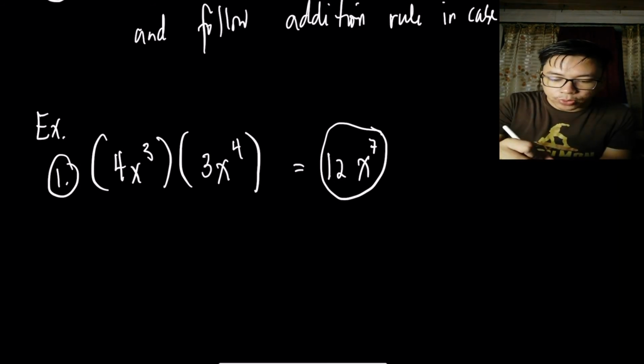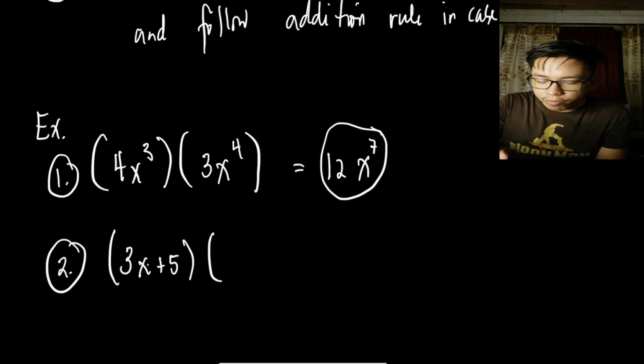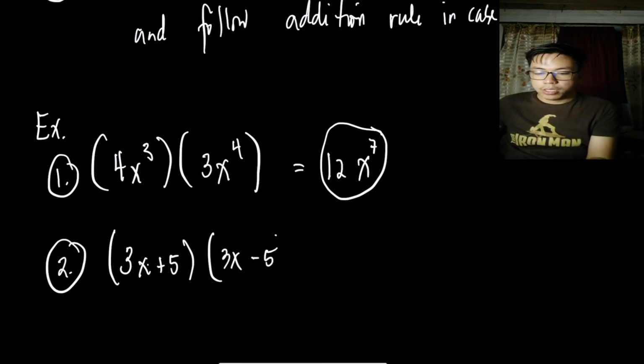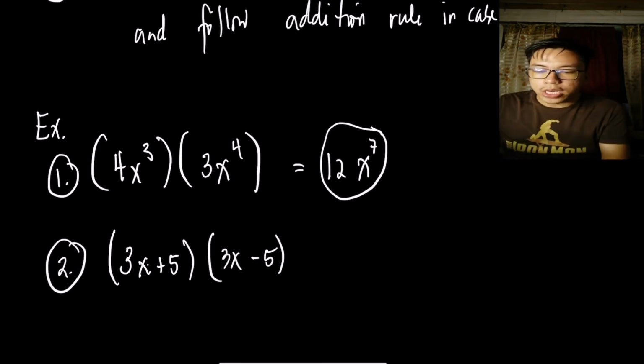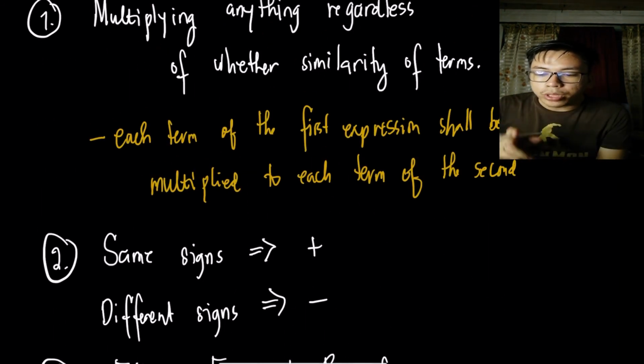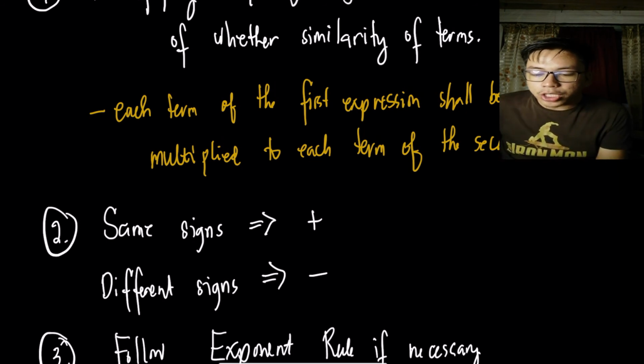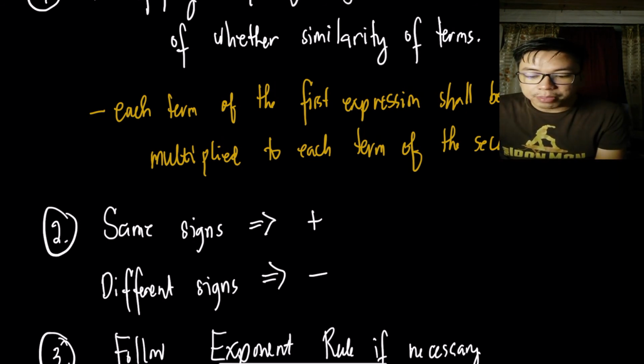Okay, number 2. Let's say I have 3x plus 5. I also have 3x minus 5. So the rule here is, according to number 1, you multiply anything, whether they have the same terms or different terms. Then there's a corresponding rule: each term of the first expression shall be multiplied to each term of the second.